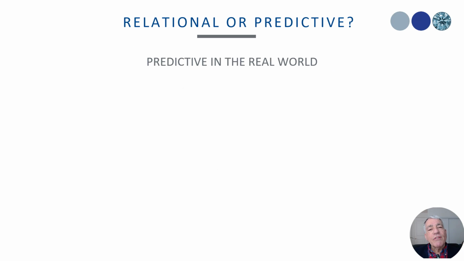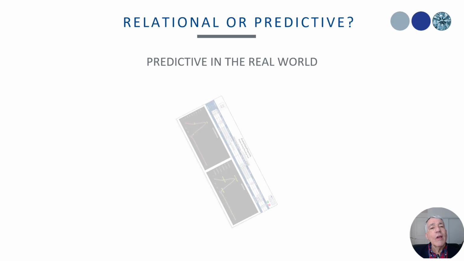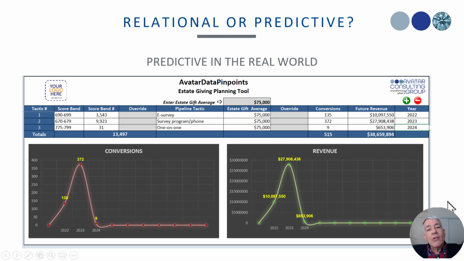Is it predictive then in the real world? And this is so important. So here's a dashboard. Here's how we've answered that. You'll be able to see how it's predictive in the real world. So here's a dashboard, and in behind are something called Scorebands.